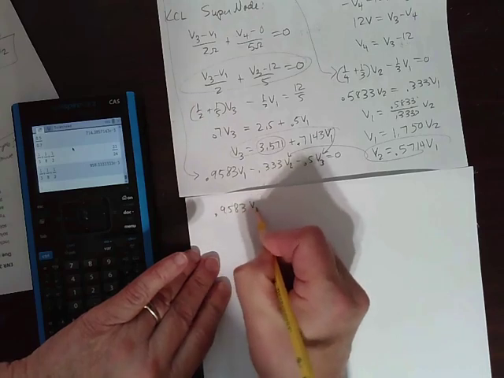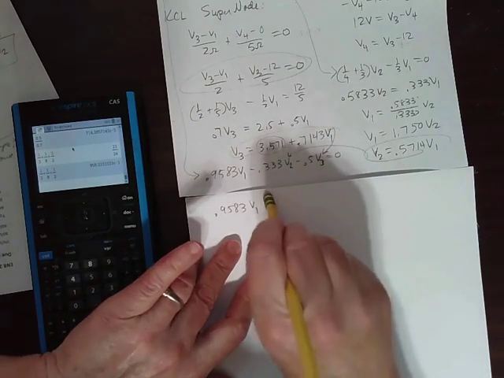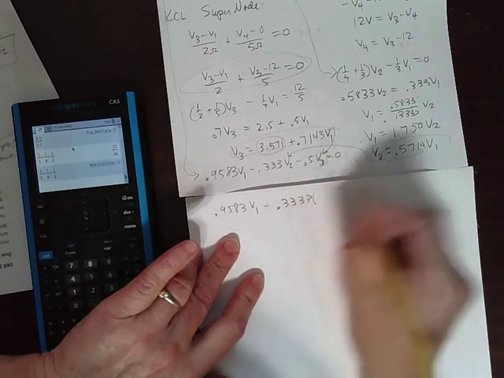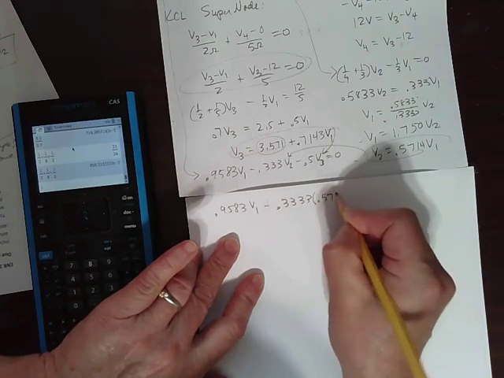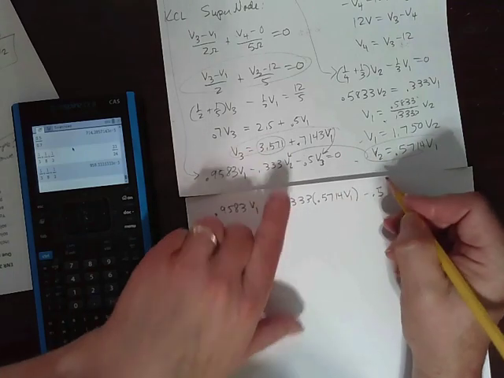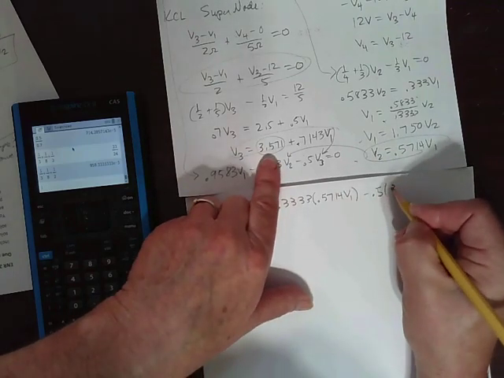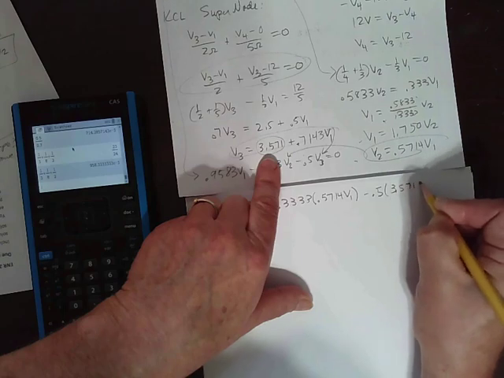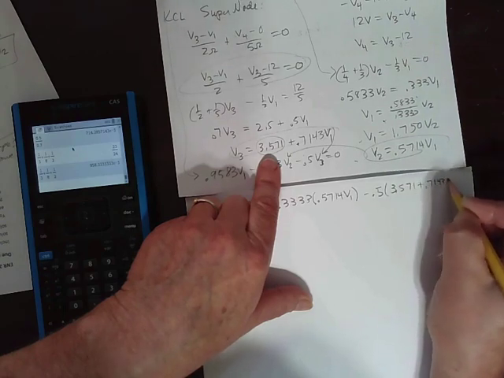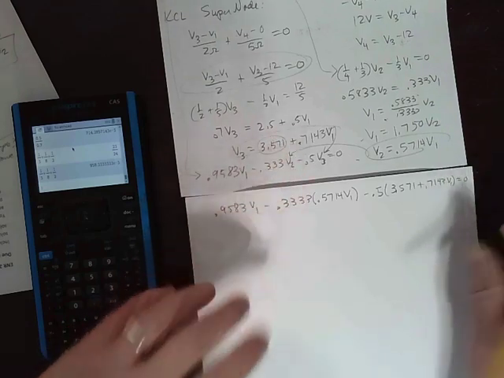0.9583 V1 minus 0.3333 times V2, which is 0.5714 V1 minus 0.5 times V3, which is 3.571, 0.7143 V1 equals 0.